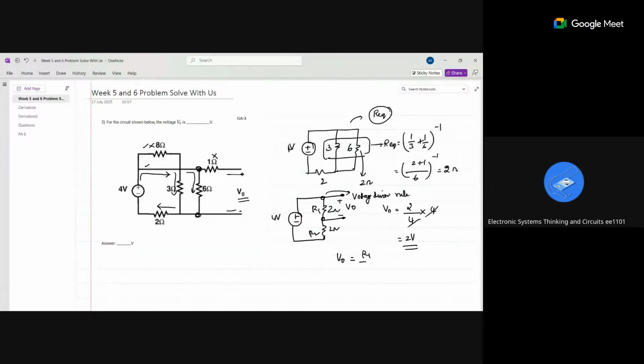So R1 by R1 plus R2 into the total voltage, right? Here my R1 is 2, R1 plus R2 is 4, and my total voltage is 4 volts. This will get cancelled, so my voltage is 2 volts. Is it clear now? Yes, ma'am.